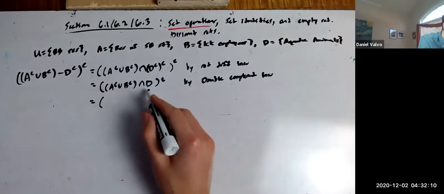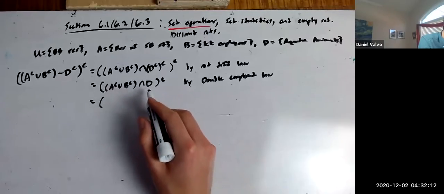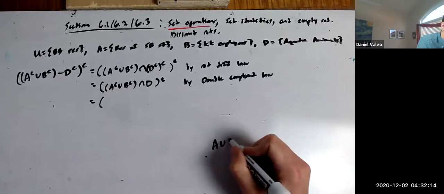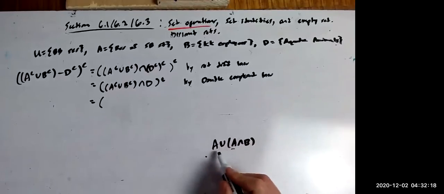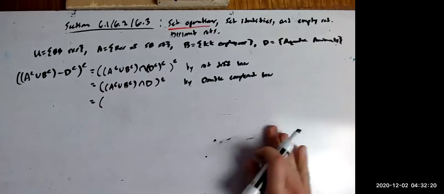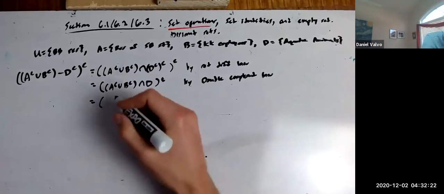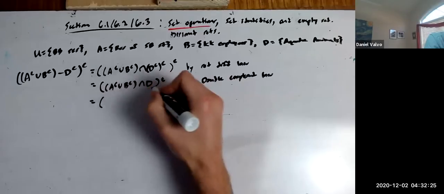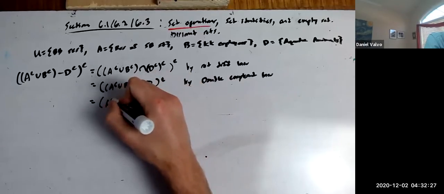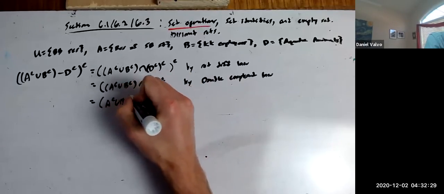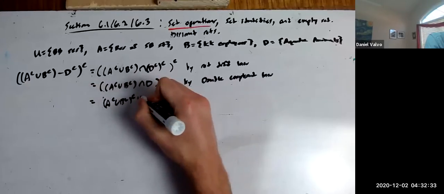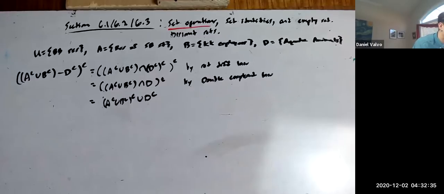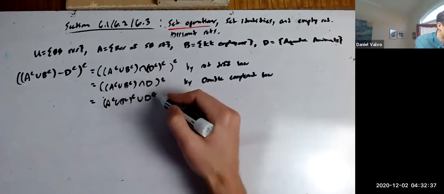Actually, we could distribute the D. Absorption law, you have to be careful because that uses the same A twice: A intersect (A union B). That's what makes it deal with subsets. But anyway, this is going to be A complement union B complement, and then we'll have a complement union D complement, because we flip the one in the middle and we distribute the complement.